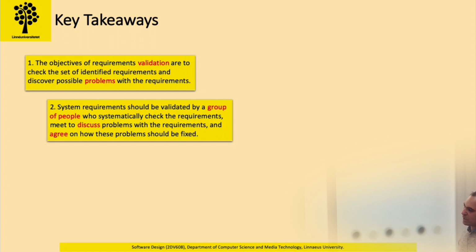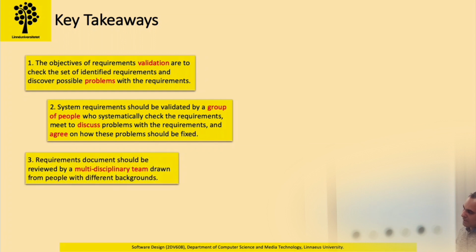And this not only brings new or diverse ideas, but also different stakeholders get to know the perspective of other stakeholders. And that's the reason the requirements validation team should be a multidisciplinary team.